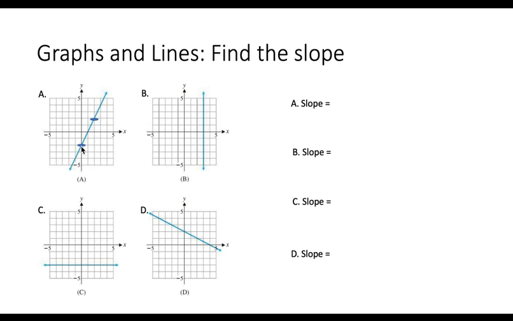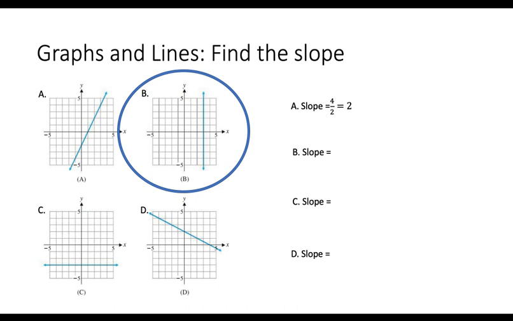And we're going to find the rise over the run. So we always count the number of ticks it takes us to get up to the next point or down and then over. So always think up and down and then left or right. So for A, it's up 1, 2, 3, 4, and over 2. So the slope would be 4 over 2, and when we simplify that, we get 2.